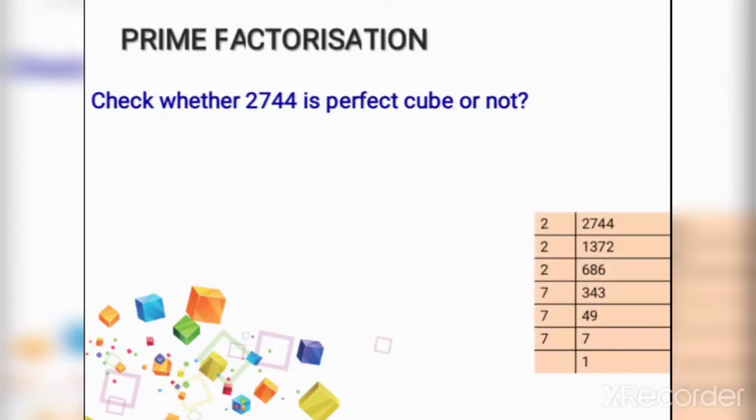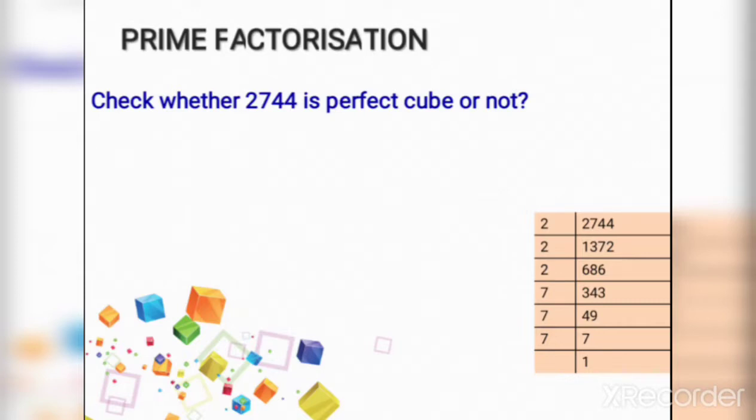Let's get this topic clear with the help of an example. We have a number 2744 and we have to check whether it is a perfect cube or not. In the previous video, we have already explained how to find the prime factors of the given number. So here we find out the prime factors.